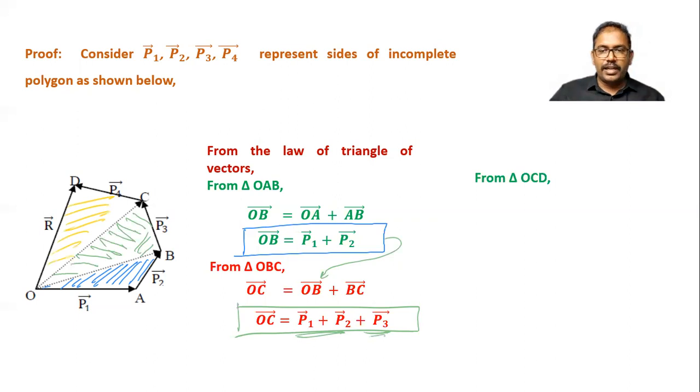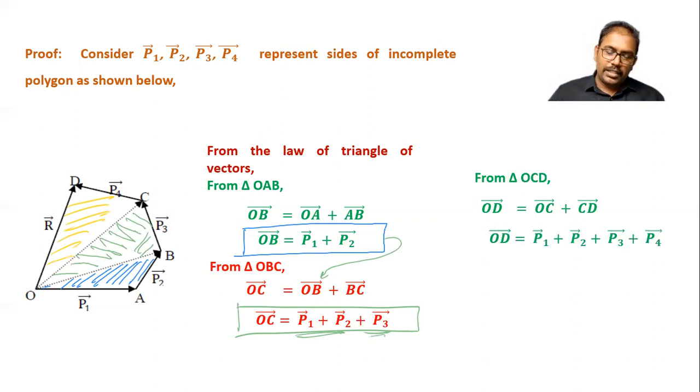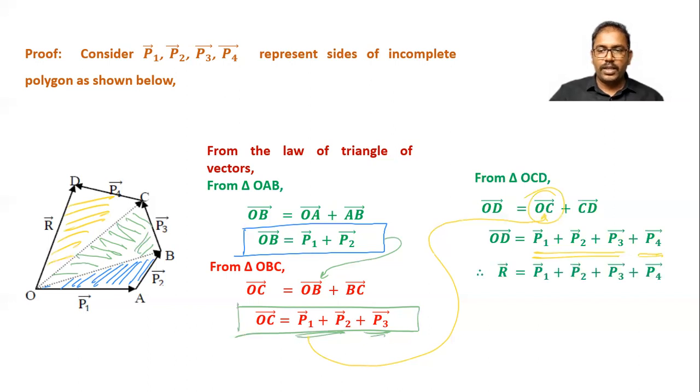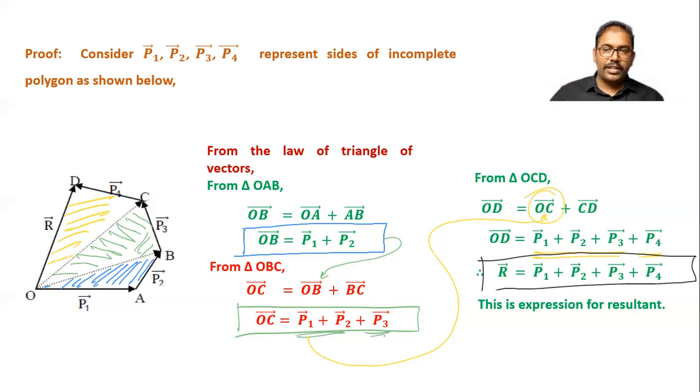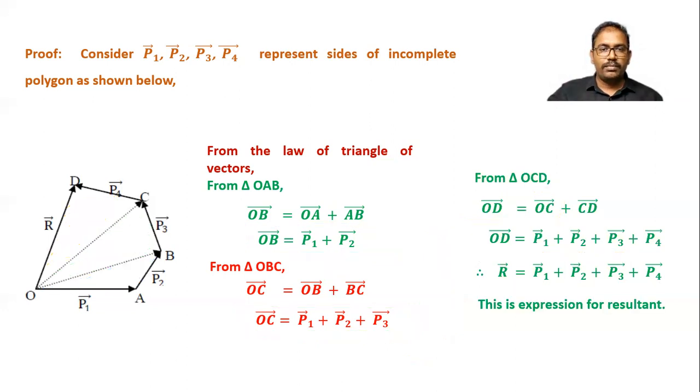By this remaining triangle, again OD bar is equal to OC plus CD bar. And this OC bar we can substitute here, so it is P1 plus P2 plus P3 bar, and this CD represents P4 bar. So here we have it. This is the resultant vector, the expression for the resultant in the polygon method.